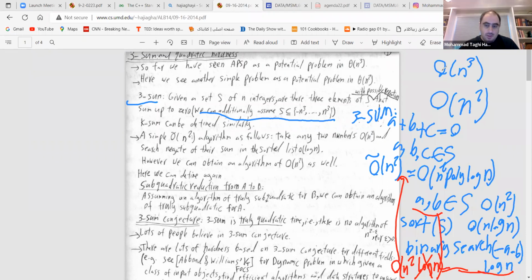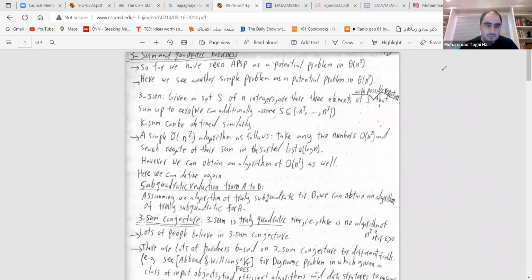Good. So let me clean these things. Now note the concept of a subquadratic reduction from A to B. So what is that? We say that there is a subquadratic reduction.